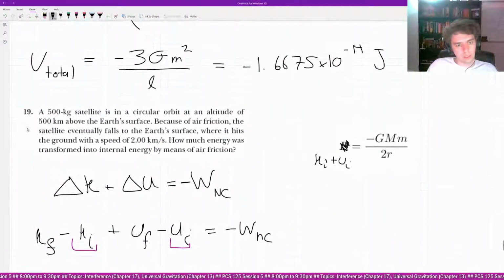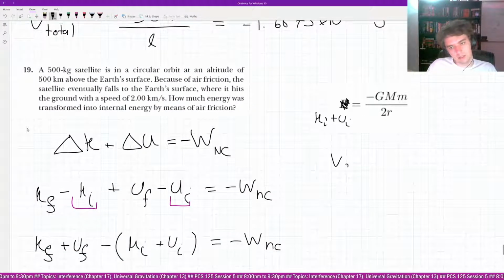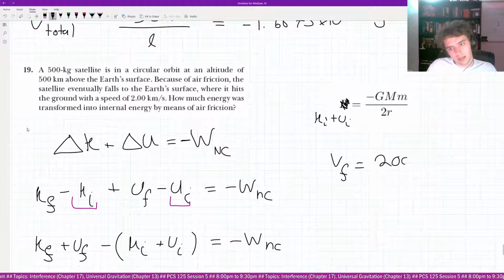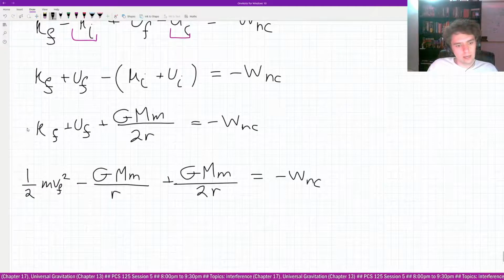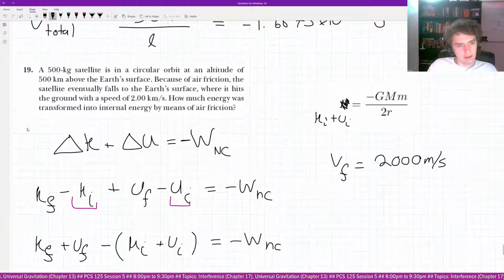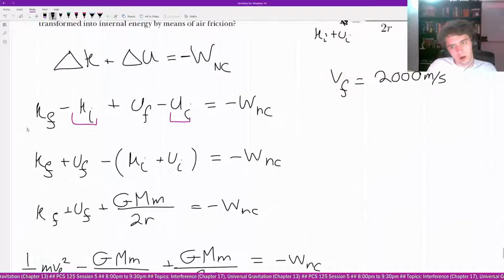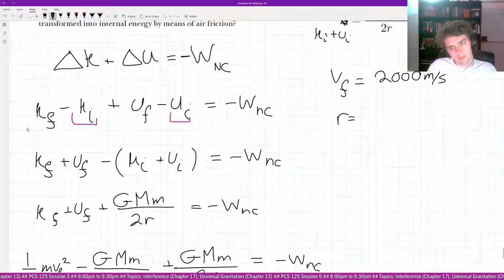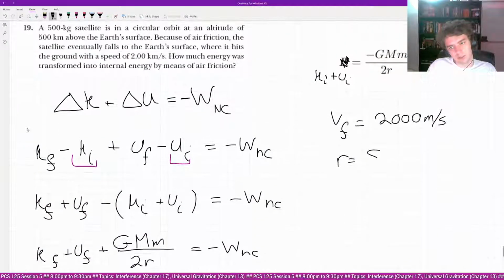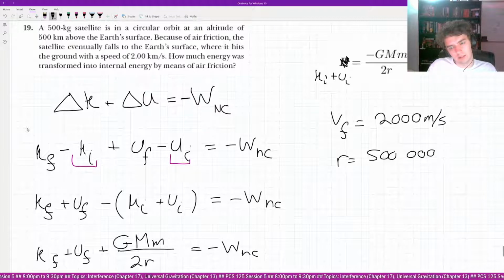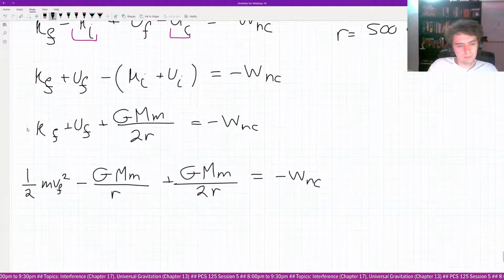So we know everything. We know the final velocity, vf, equals 2,000 meters per second. We know the mass, which is a 5,000 kilogram thing. We know r equals, it was 500 kilometers, so 500,000 meters.